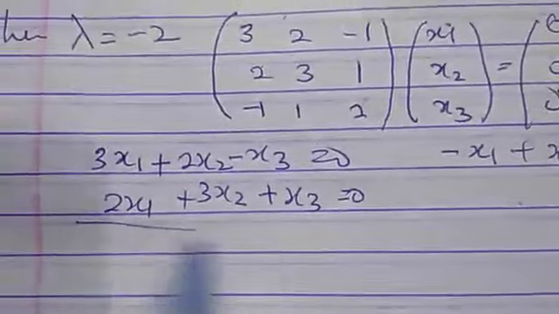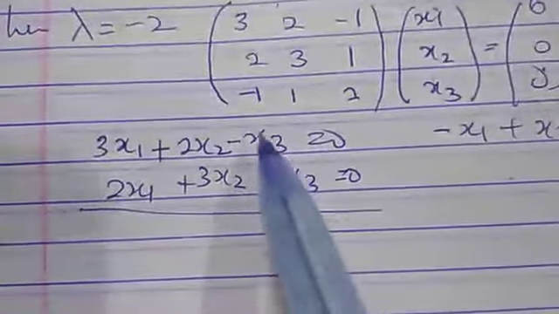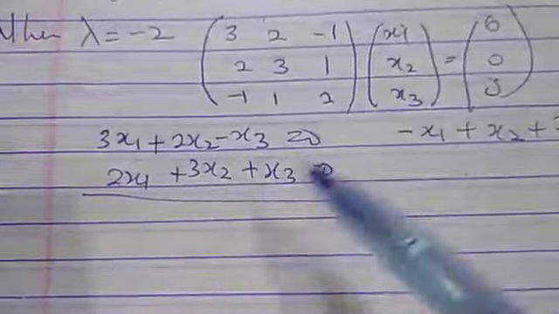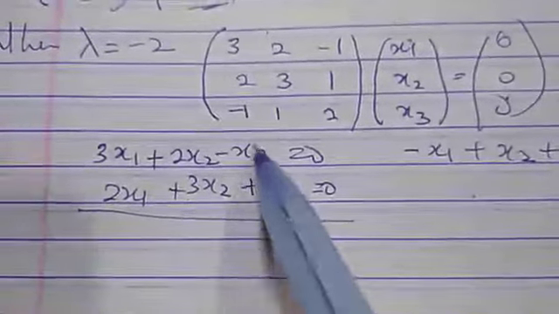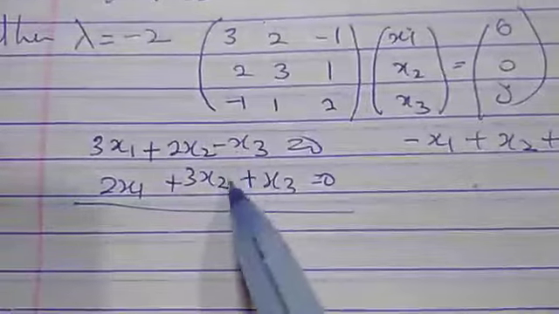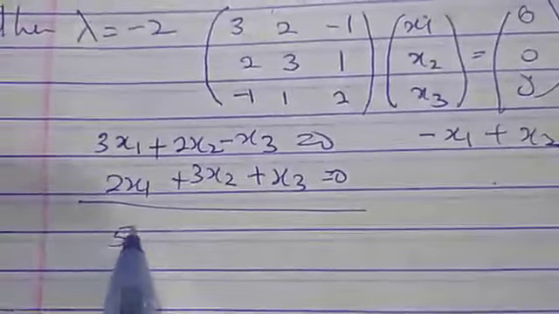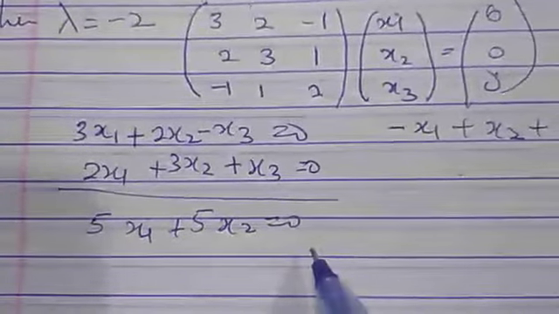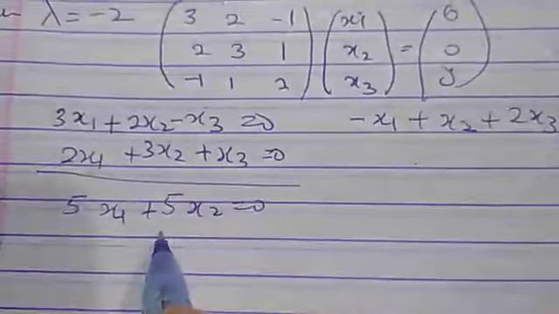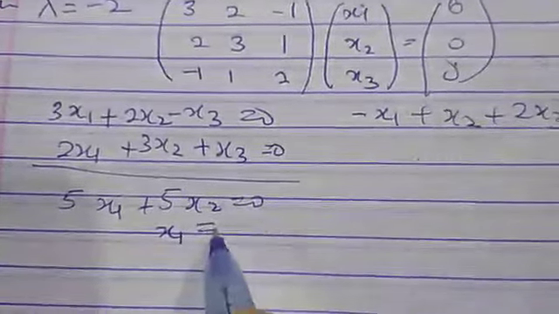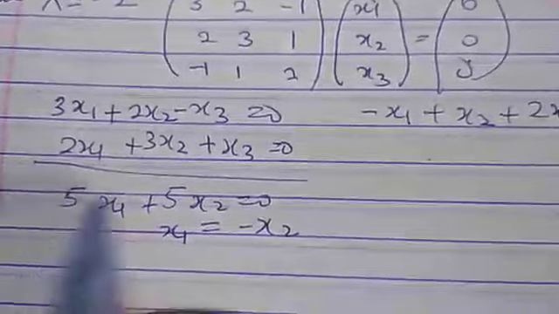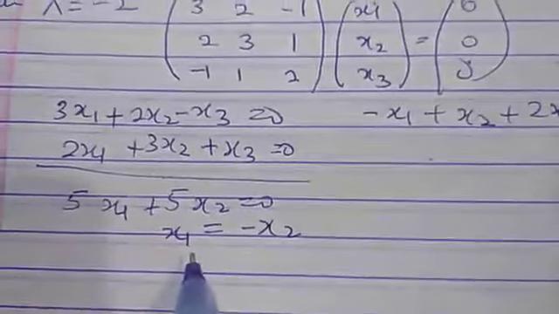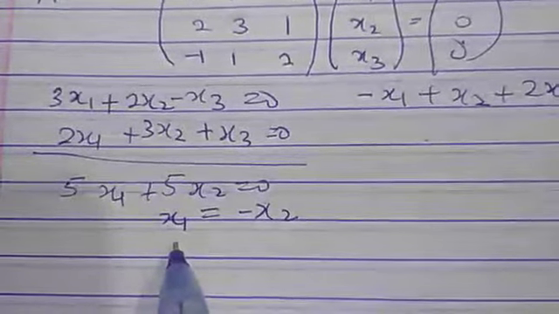Now from these two, I can solve this simultaneously. This simultaneous equation is very simple because we don't need to get to the final answer before we get our answer. Solving these two, we just add the two equations together. That will become 5s1 plus 5s2 equal to 0. So from this place, we see that s1 is equal to minus s2, because the 5 is cancelled.